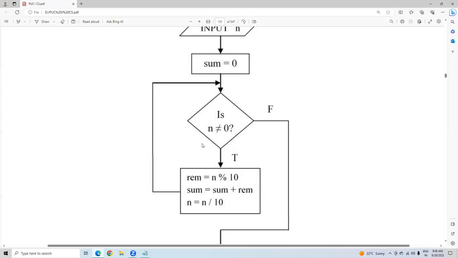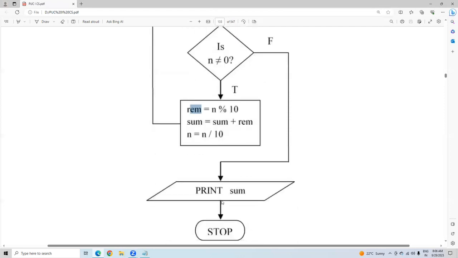If it is true, then n modulus 10, the remainder, should be extracted and saved into REM. That REM will be added to the sum, and the final sum is assigned to sum. Then n is divided by 10 for deducting the given number by one digit. When n becomes 0, it comes out and goes to print sum.